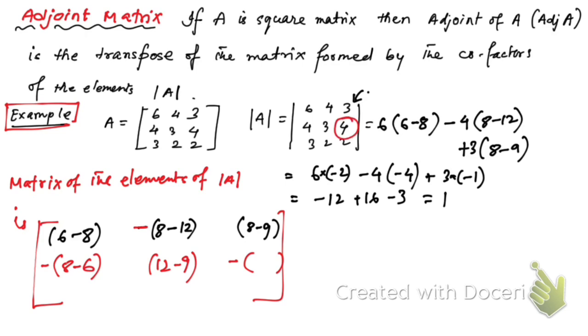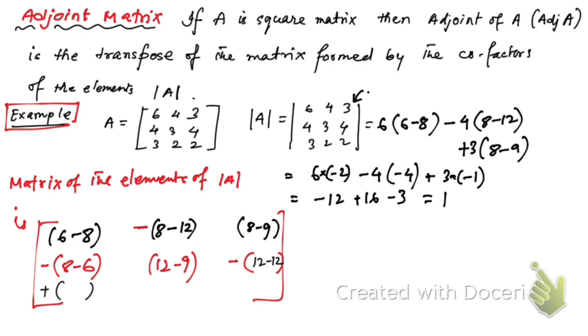Then the cofactor of this 4: ignore this row and this column, right? Then 6 times 2 is 12, 3 times 4 is also 12, so that's going to be 12 minus 12, right? Now as we have taken a negative sign here, now take positive.